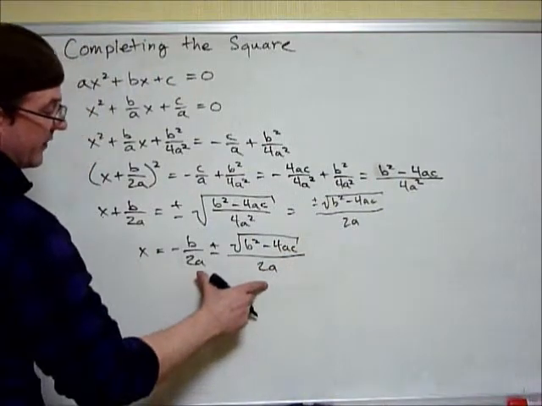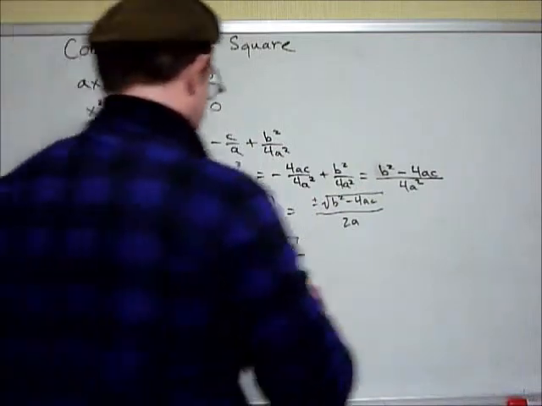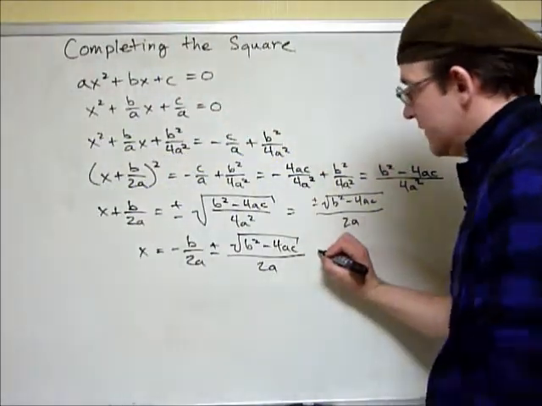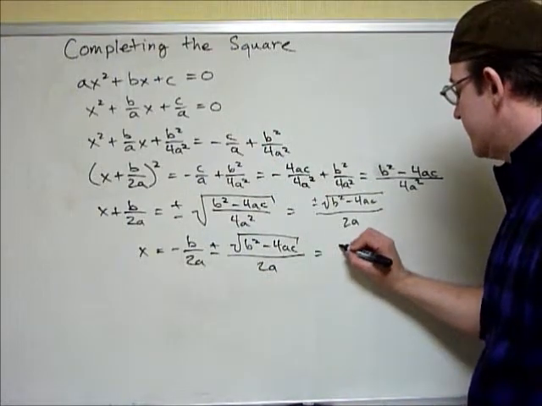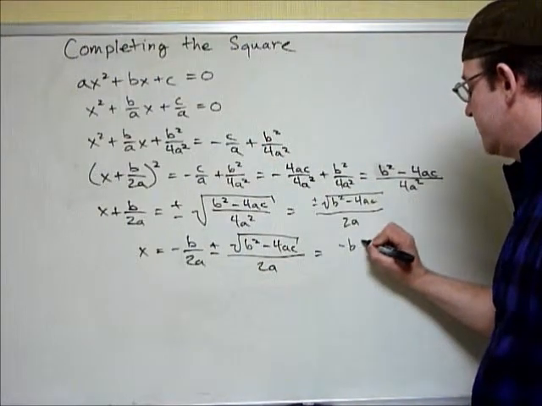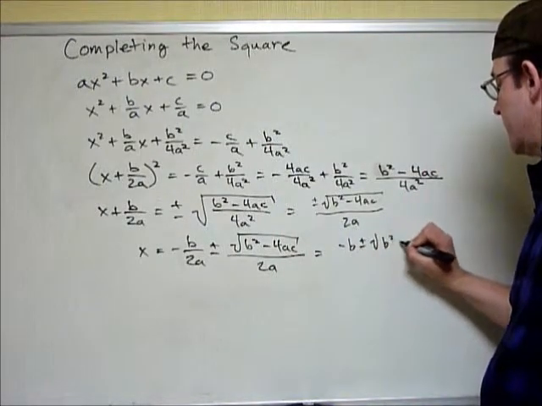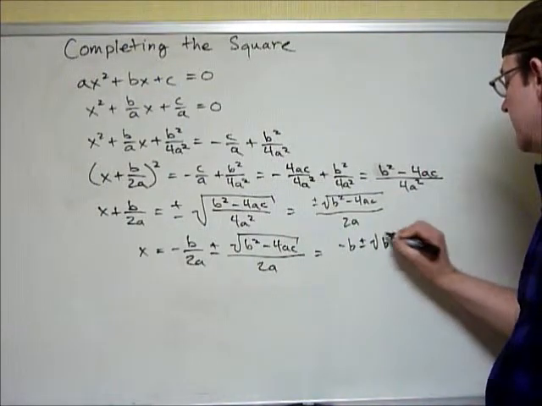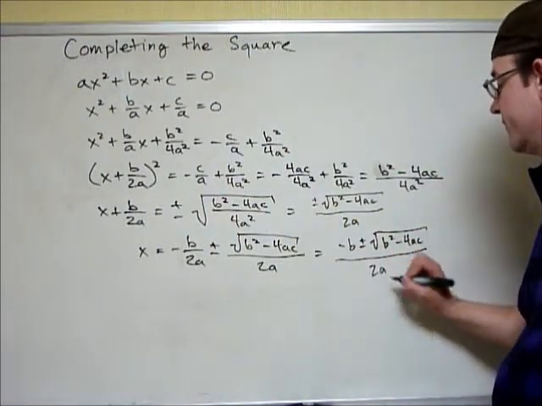And hey, this is convenient, they're both over 2a, which means I can add these together to get x equals negative b plus or minus the square root of b squared minus 4ac, all of this over 2a.